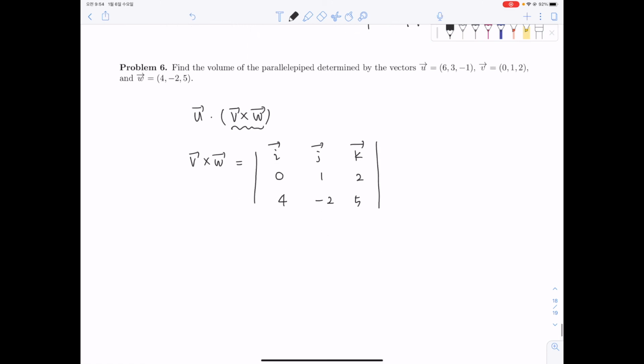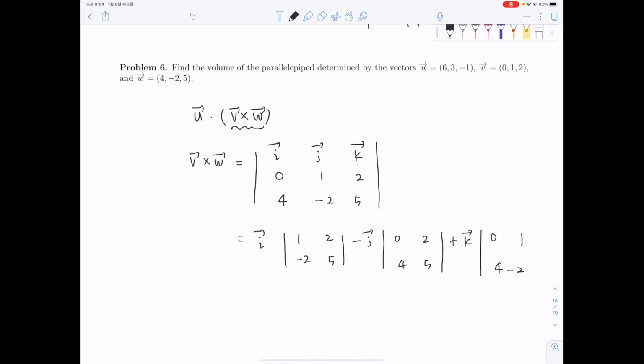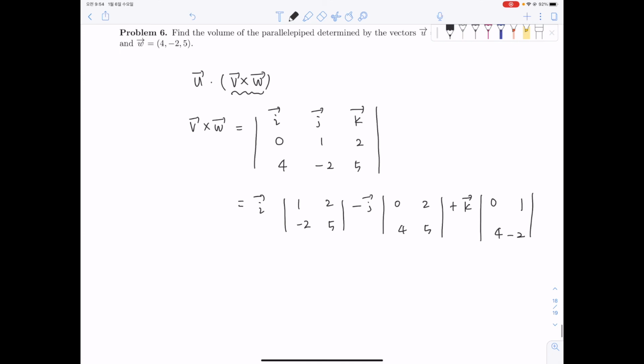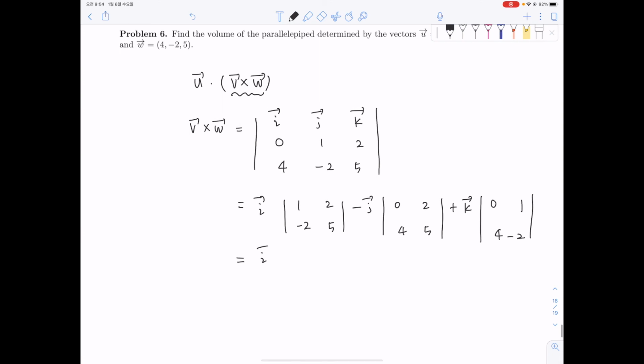So let's calculate it. It is i times the determinant of 1, 2, -2, 5, minus j times the determinant of 0, 2, 4, 5, and plus k times the determinant of 0, 1, 4, -2.